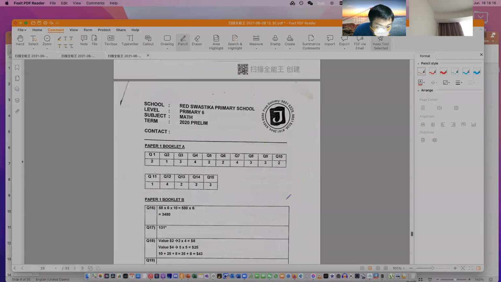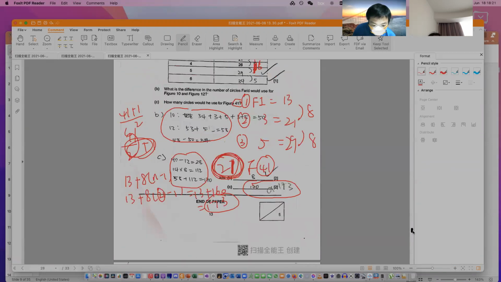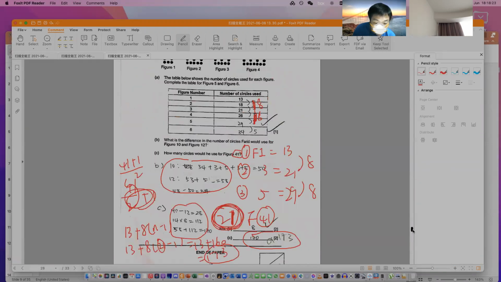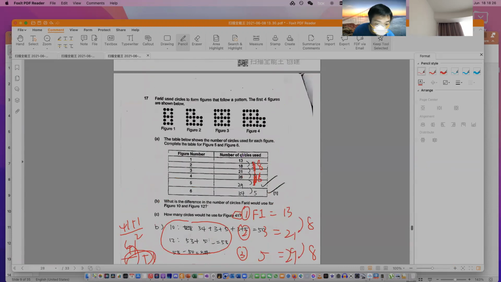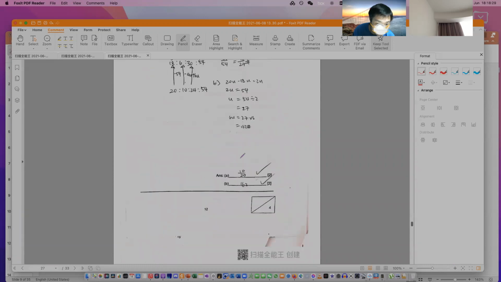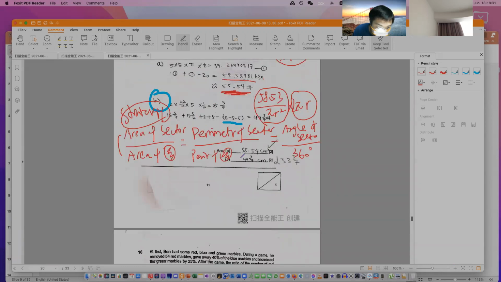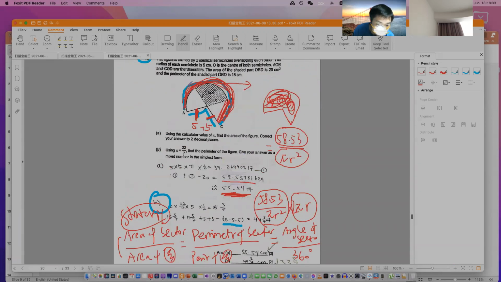Okay, good. I will say this paper has a lot of questions we have discussed before, especially this number pattern question. And the concepts of sector, or the concepts of perimeter or area of irregular shape.